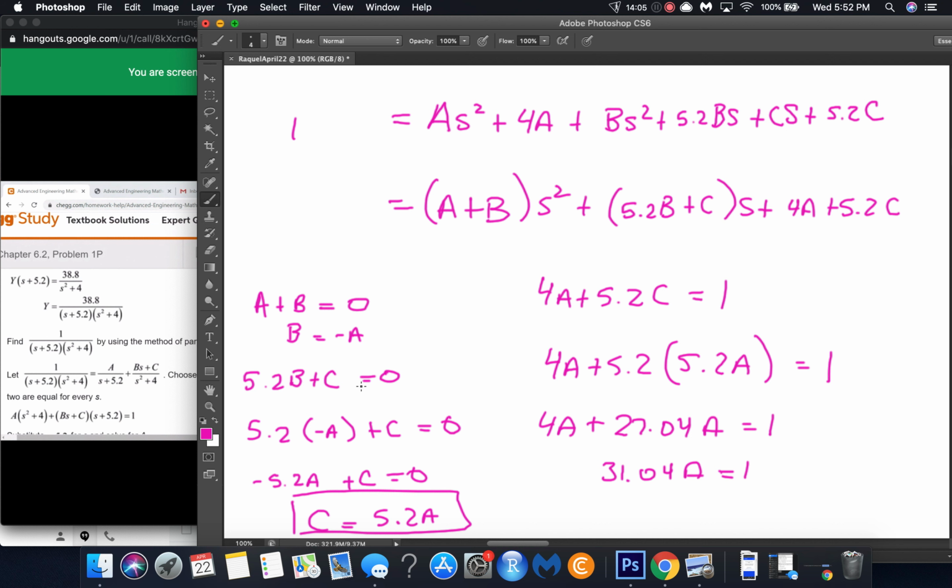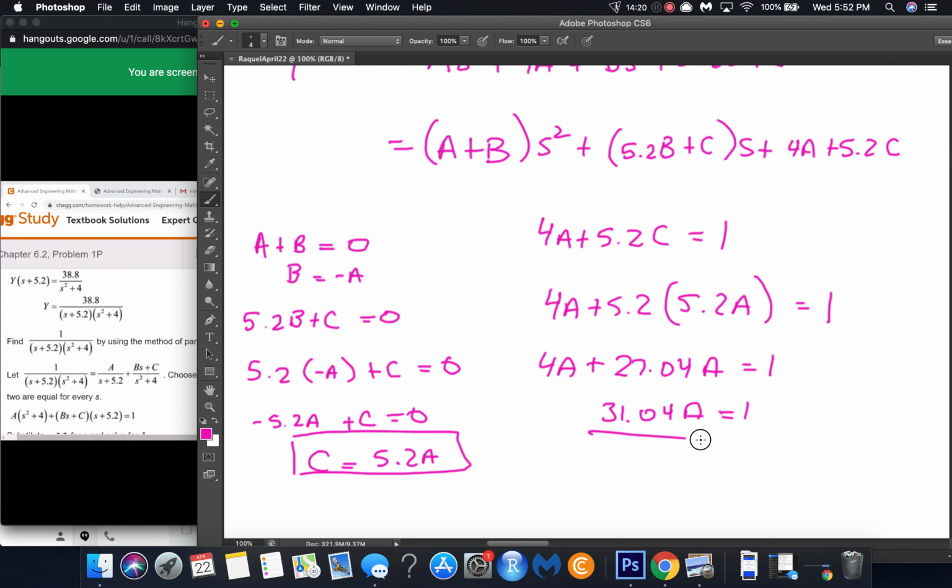No, it's right here. Oh, you know what? I just skipped over that. So this is the coefficient of s squared, and this one is the coefficient of s. This is the coefficient of non-variables.